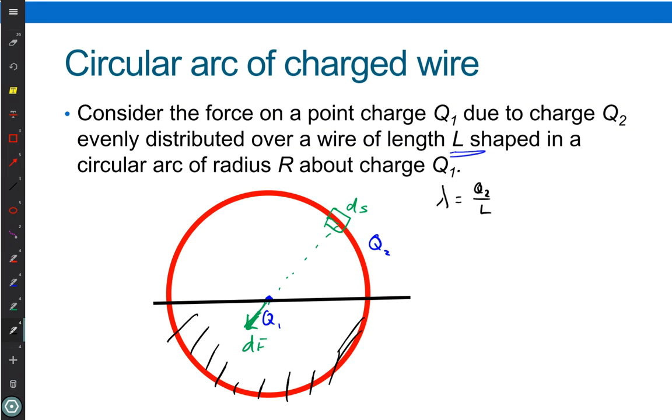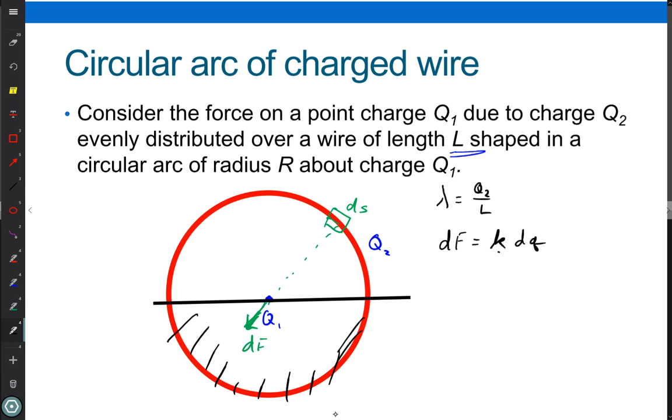So there's my charge density, and I'm going to have dF magnitude, so I didn't write a vector sign, is equal to, since it's magnitude, I don't put the minus sign out front. I'm just putting K, I'm not putting K sub E because, well, we're in electricity now, so all our K is K sub E right now. dQ over R squared.